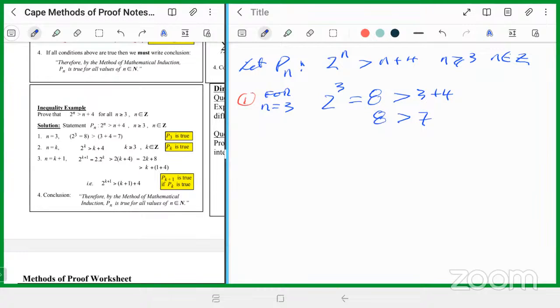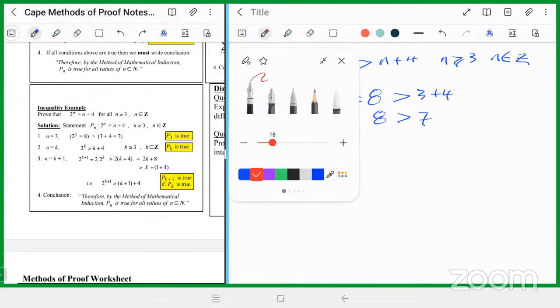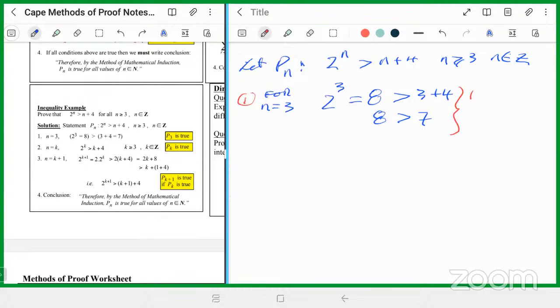So that is true. So you can say P3 is true. The left side is 8, the right side is 7, left side is greater than the right side. So that is true.